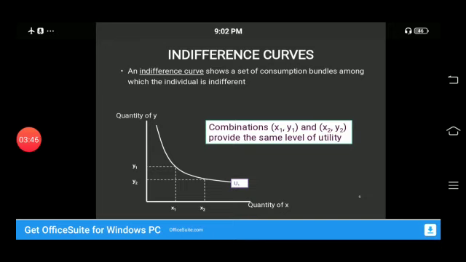It means that either you get x1 y1 or you get x2 y2, because they are on the same indifference curve. So with the help of the indifference curve definition, we know that these will yield an equal level of satisfaction. So you can have either x1 y1 or x2 y2. It's all your choice.